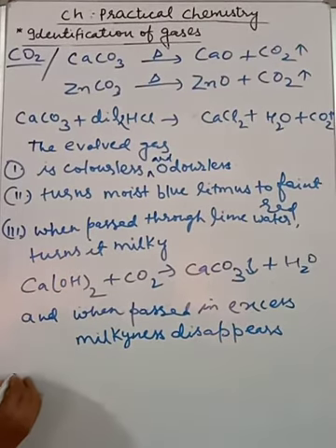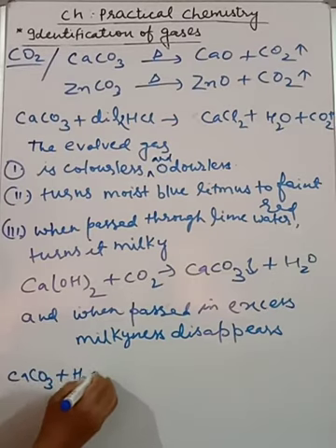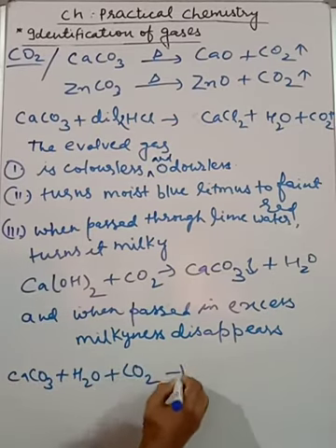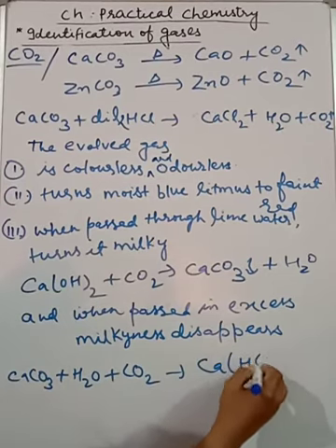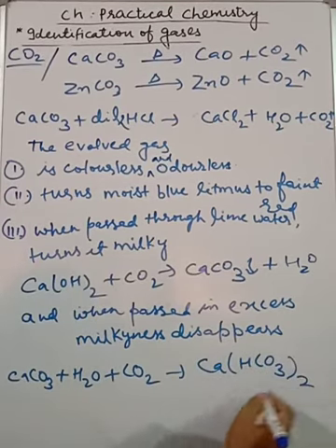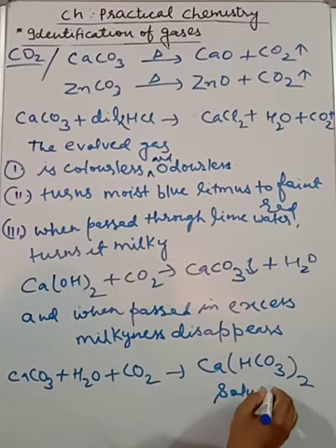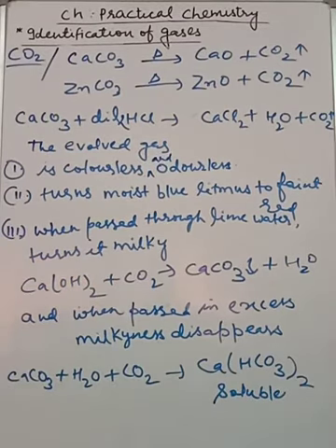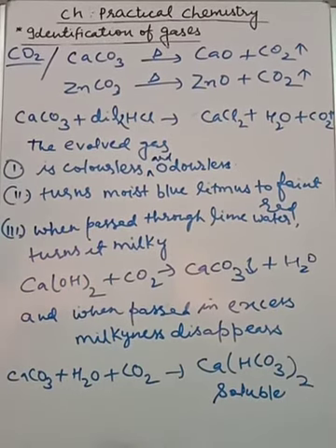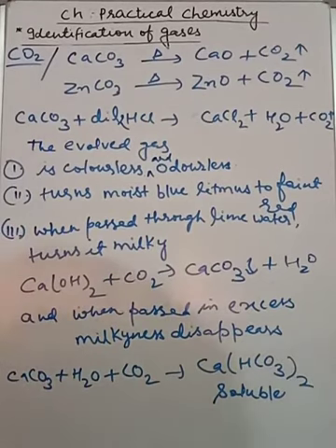How? See here, take the same reaction: CaCO3 plus H2O plus CO2. Now here you will get bicarbonate, and this is soluble, and that is the reason the milkiness disappears.